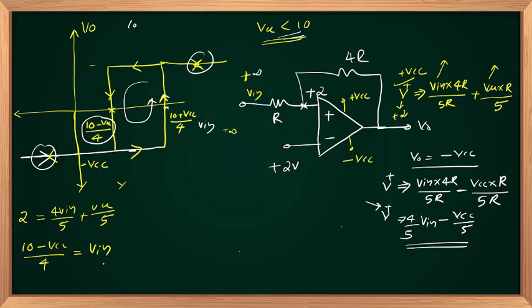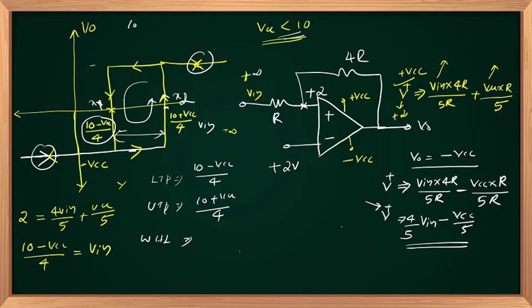So let us see the values of LTP and UTP here. That is obvious. LTP will be 10 minus VCC by 4, positive or negative depending on the VCC value. UTP here is 10 plus VCC by 4. And the width of the hysteresis loop will be the difference between these two, right? Width is x2 minus x1.